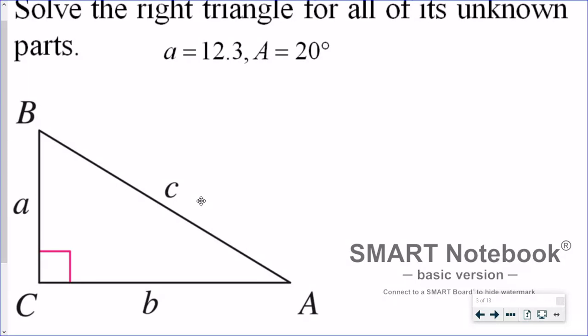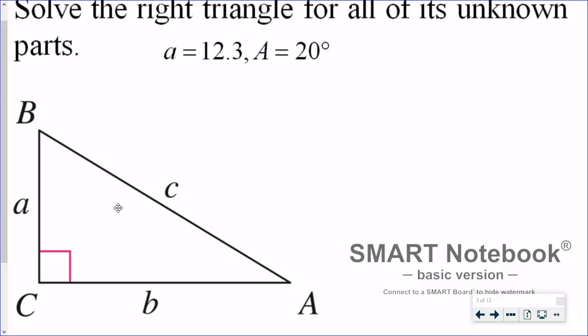Also, please remember from geometry, and we probably talked about it last unit, that angles are always capital letters: angle A, angle B, and angle C. And sides are always lowercase letters: side a, side b, and side c.